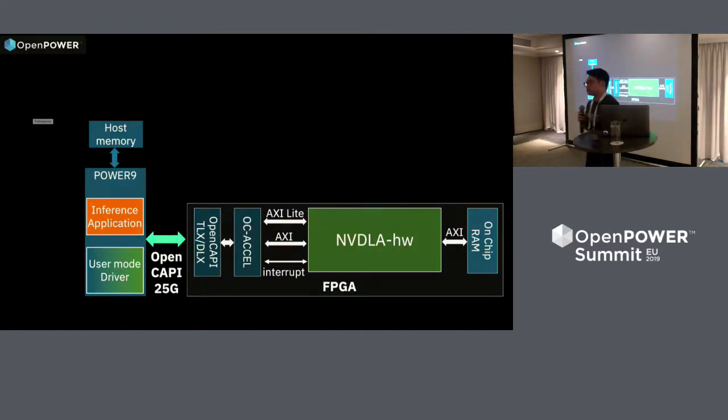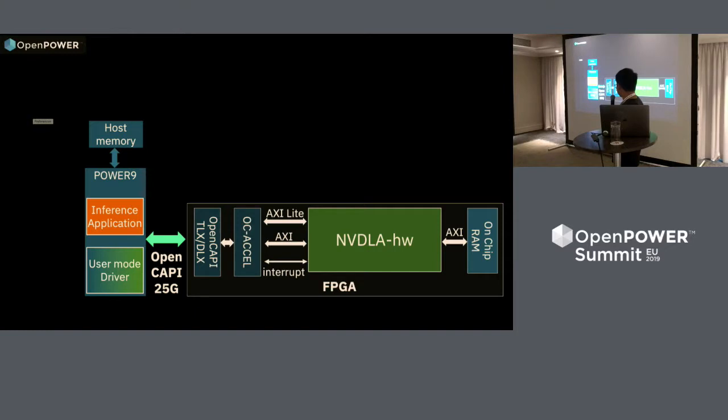Okay, and then let's take a look at the details of what we have done. So in this picture, we can see that on the right side is the FPGA, and on the left side is the host POWER system. And on the FPGA, in this green box is the NVDLA hardware.